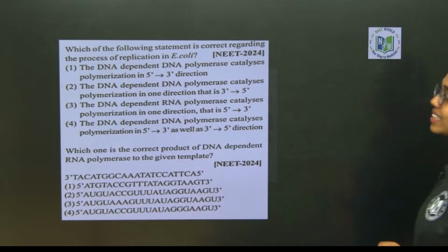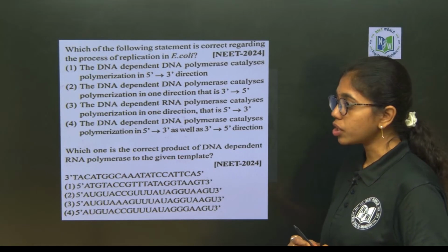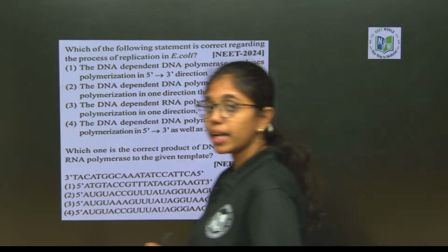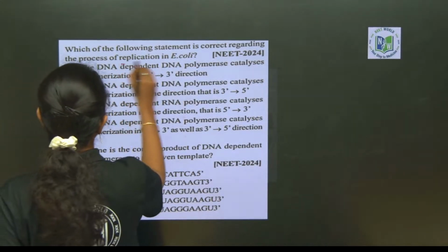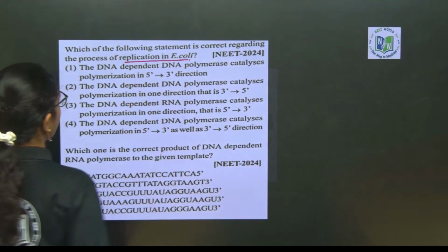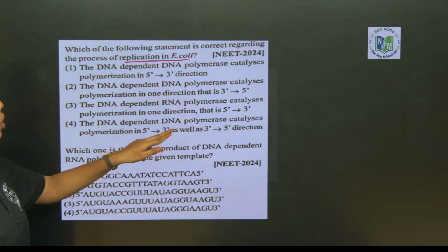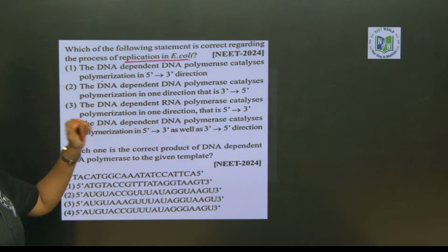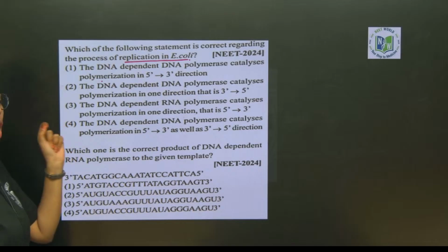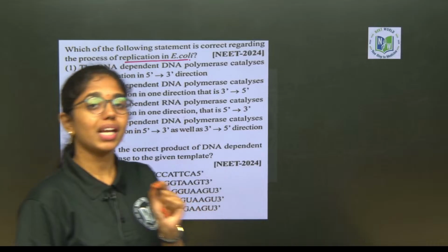Which of the following statements is correct regarding the process of replication of E. coli? So here, with respect to the replication of E. coli, it is the semi-conservative method of replication only. Look into all the options. The DNA dependent DNA polymerase catalyzes polymerization from 5 prime to 3 prime. Always remember, polymerization is done by the polymerase enzyme.